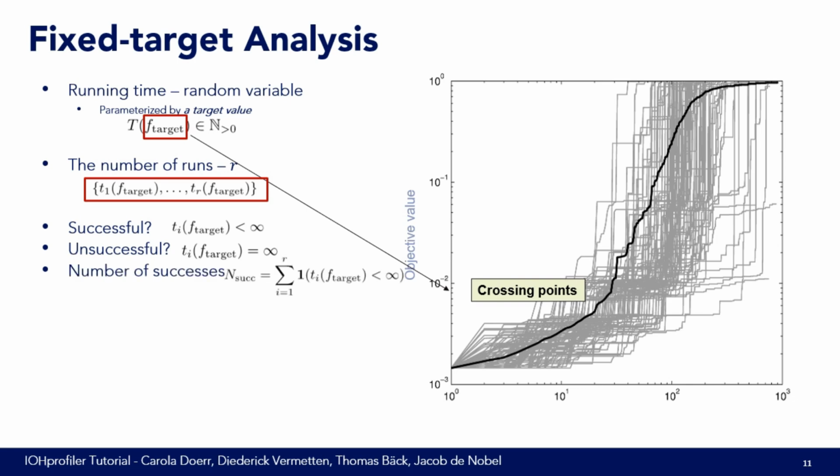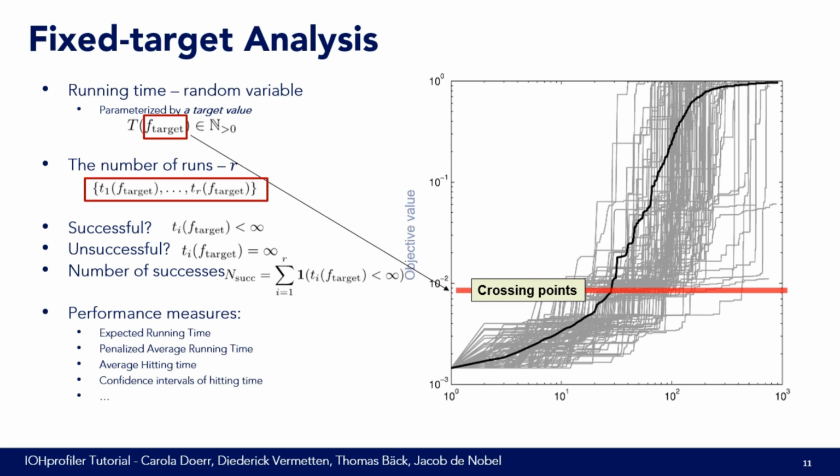We can count things like the number of successes as one way to aggregate this data, and then taking this into account, we can look at things like expected running time, so the expectation of this variable, which we can estimate based on the success rate and the average number of evaluations needed for the successful runs.